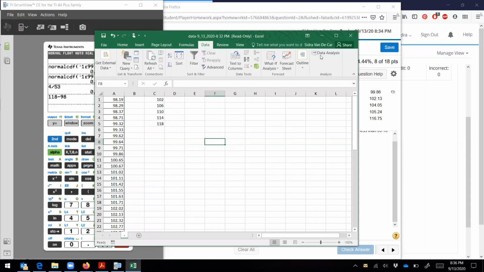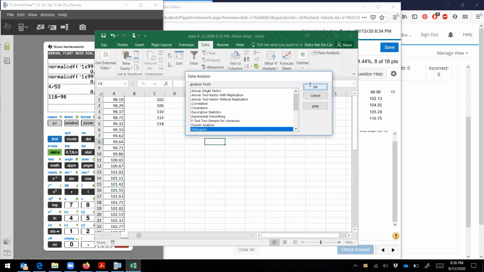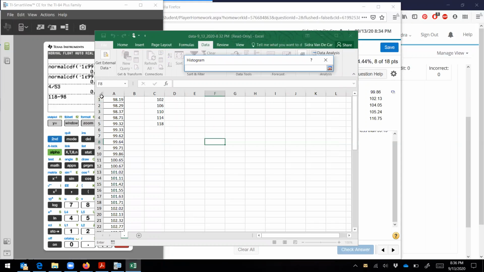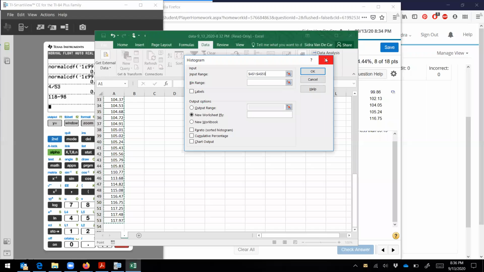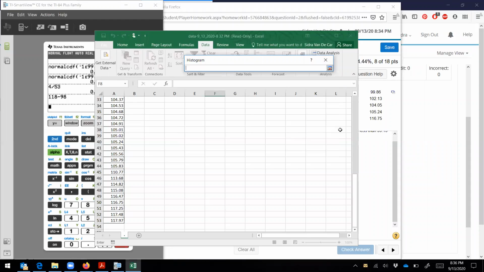I think when we do this, we can just put in this upper bin. So I'm just going to click here and highlight the data. And then click here on the bin range and highlight those bins.